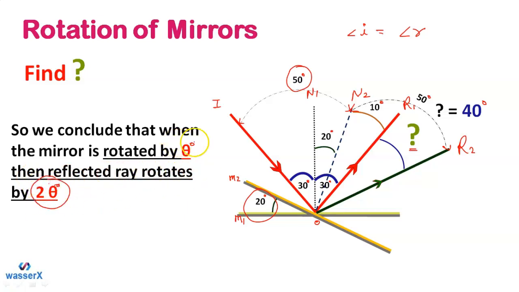Meaning, students, that if you rotate any mirror by some angle, the shift in the reflected ray will be double the angle of rotation. So in this case, if it is 20 degrees, this will be equal to 40 degree. I hope, students, you have understood this question and the concept as well.